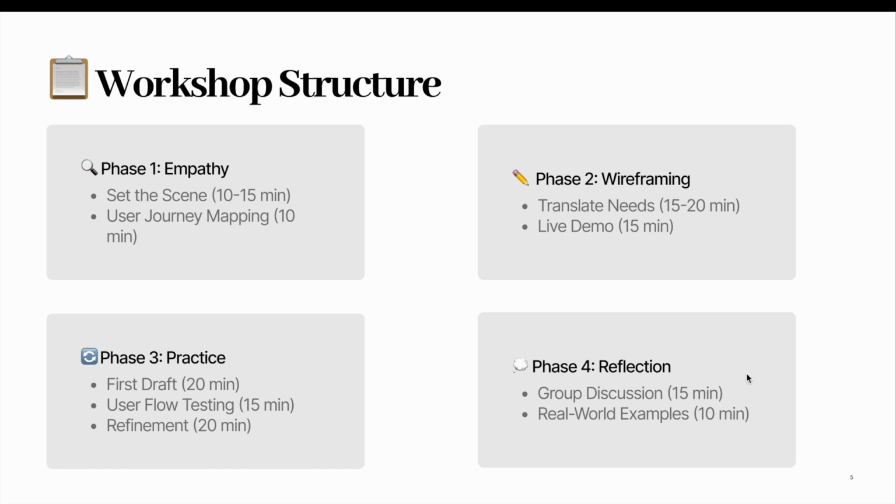Okay, and after we understand the user better, we'll move to the wireframe, wherein we'll translate the user needs that we collected from the empathizing phase to the screen. It could be just a rough sketch, maybe paper and pen, or you could do it digitally using Figma, or even Excalidraw is one website where you can do the wireframe.